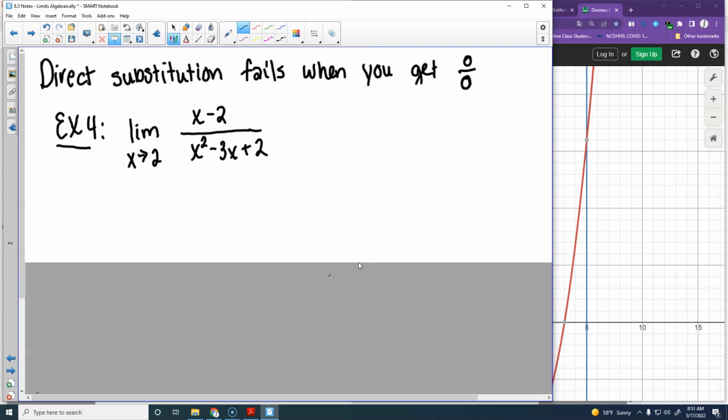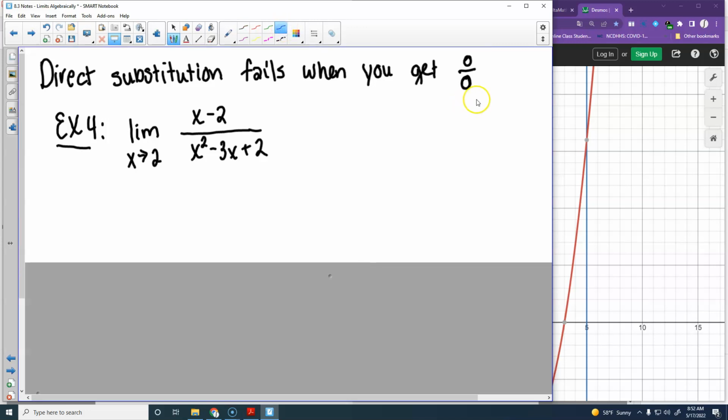So if you get 7 over 0, 1 over 0, negative 15 over 0, that tells you the limit does not exist. If you get 0 over 0, that does not tell you anything. It tells you that you need to do some more work, because if you get 0 over 0, it is possible that the limit does not exist, but it is also possible that that limit does still exist.